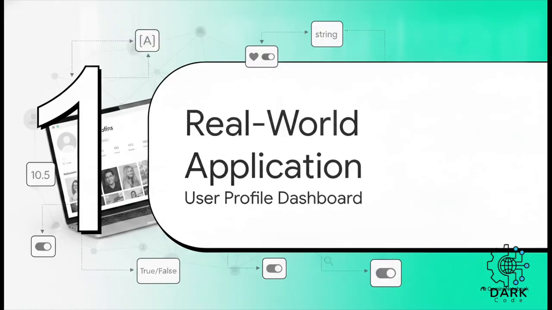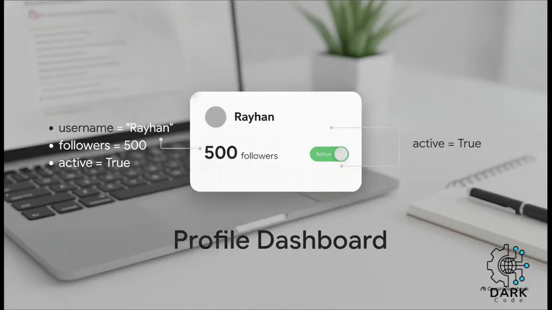Pretty cool, right? Real-world application, the user profile dashboard. Let's see how this all comes together. If you look closely at the data making up this dashboard, you'll see our data types in action. We have username equals Rayhan. Well, that requires a string because a name is made of text. Then we have followers equals 500. That absolutely requires an integer. And this is critical, guys, because different information needs different data types.